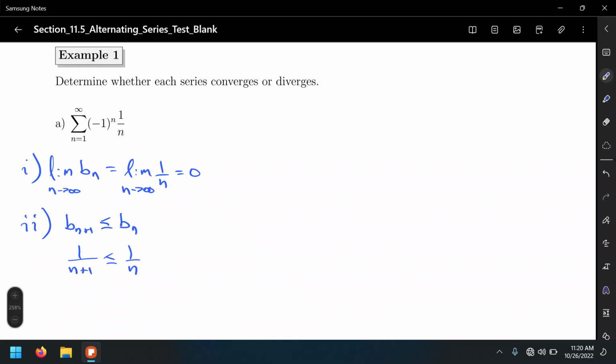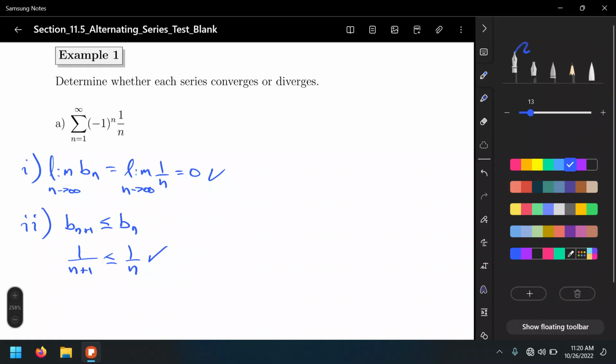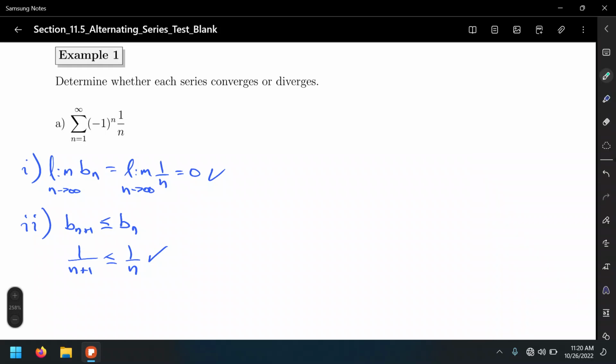Is that inequality true? Does that mean that the sequence is decreasing? Yes. So the two conditions are satisfied. Therefore, the series converges by alternating series test, AST for short. So that's our first example in the alternating series.